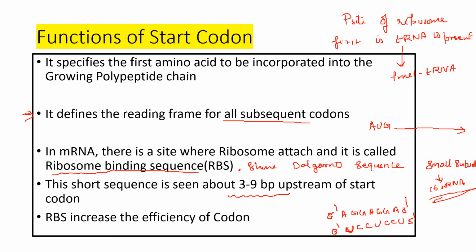So these are complementary to each other, so they will base pair with each other. This gives a high efficiency in translation. So you can say that a ribosomal binding site like this increases the efficiency of translation. So this is all about the mRNA.